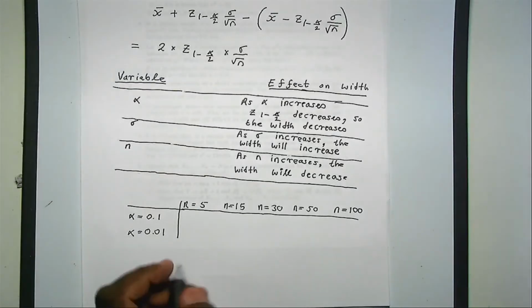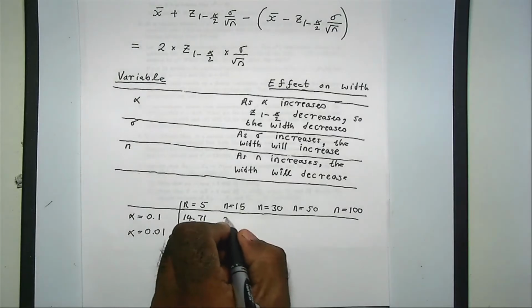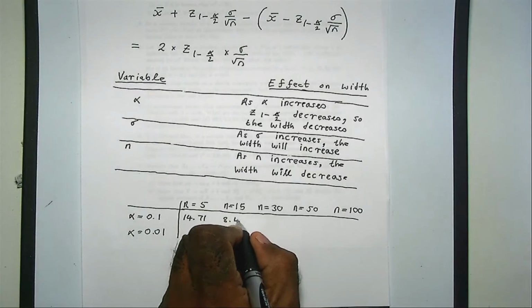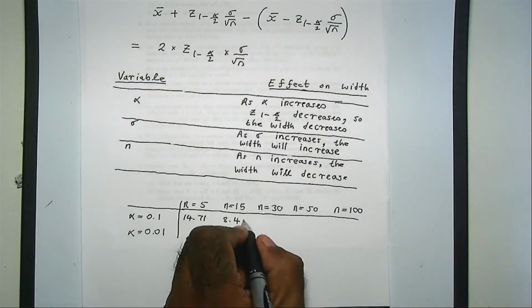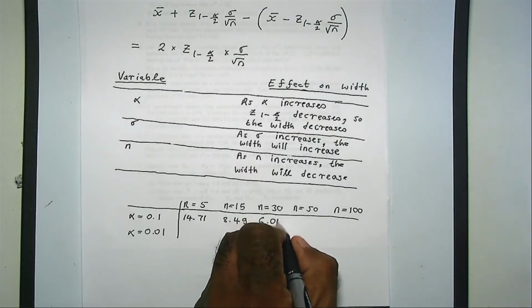So this is what you will get: 14.71, 8.49, 6.01.